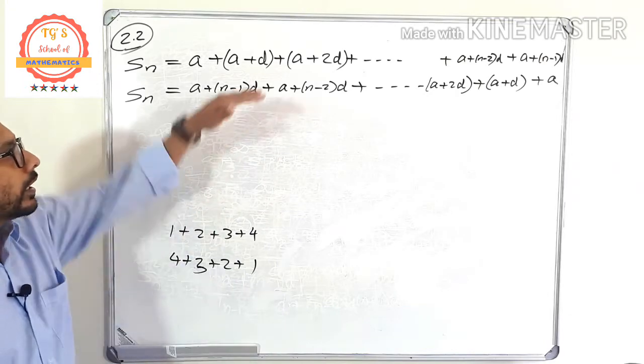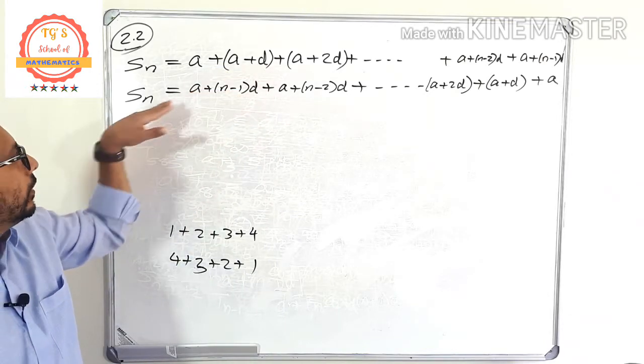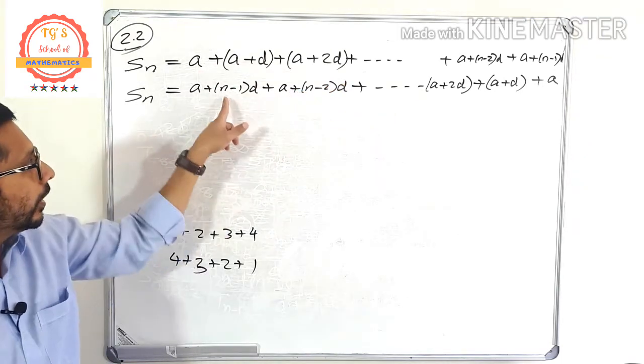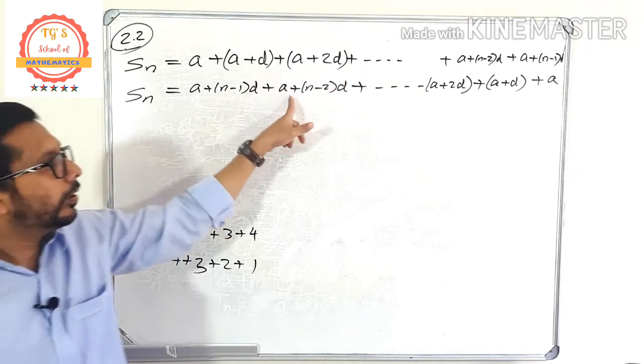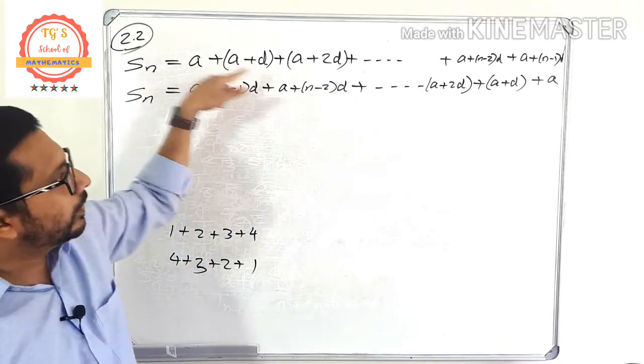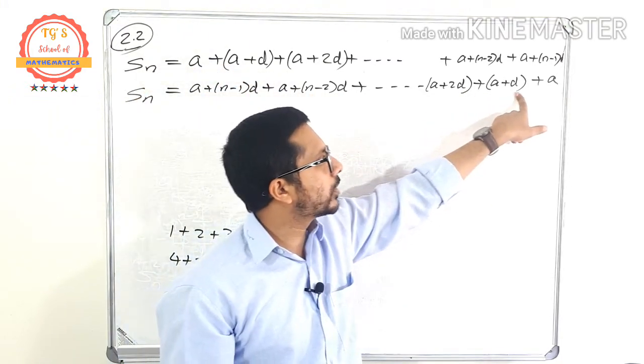So I wrote the same thing, but in the second one I wrote it from the last. A plus n minus 1 d here, a plus n minus 2 d, like that, up to a plus 2d, a plus d, a.